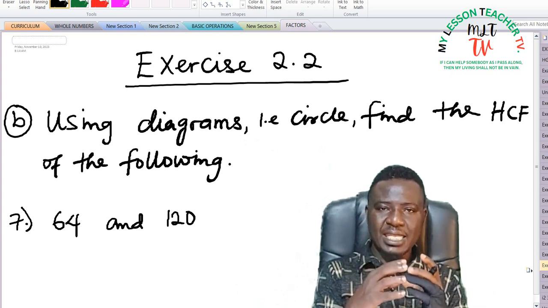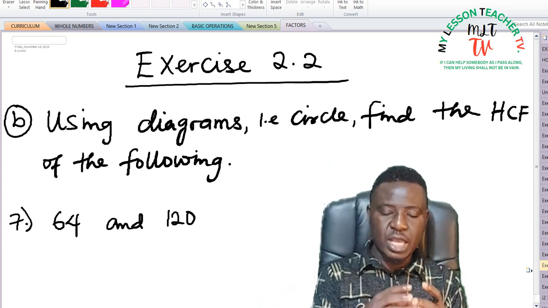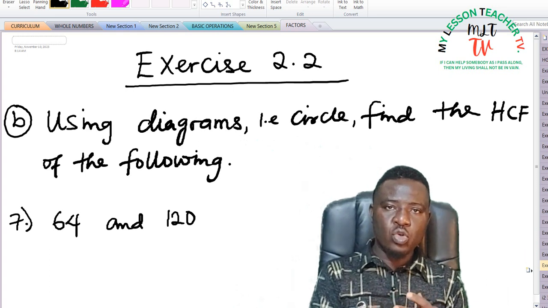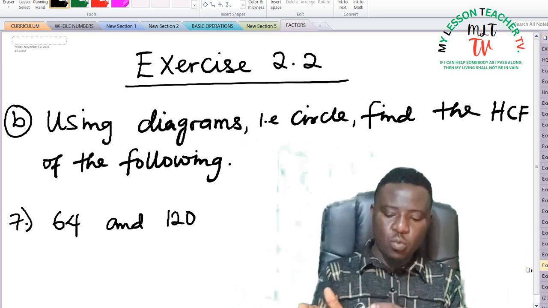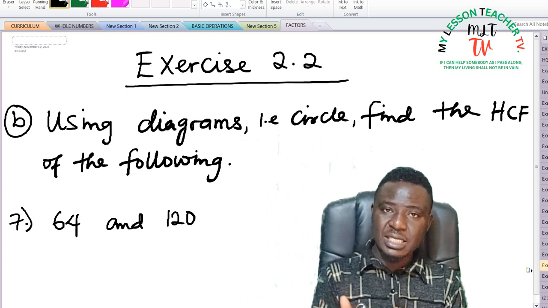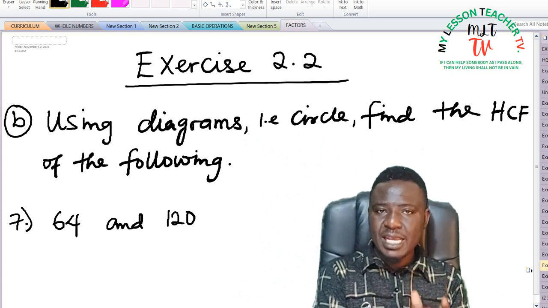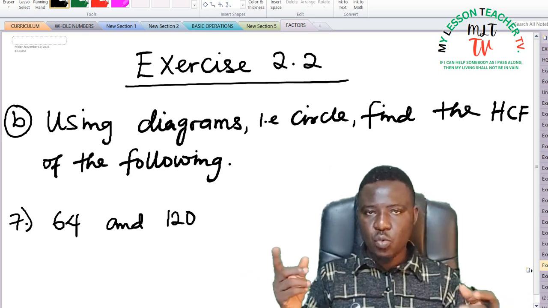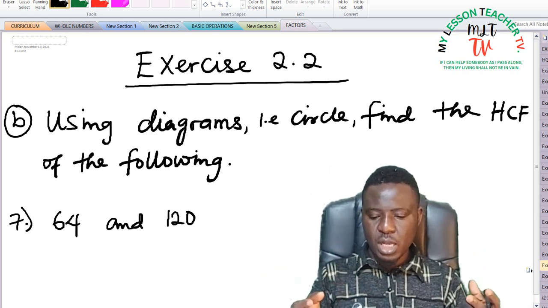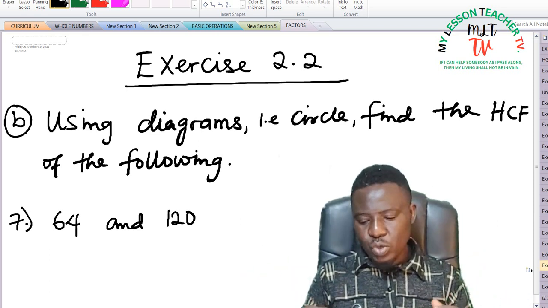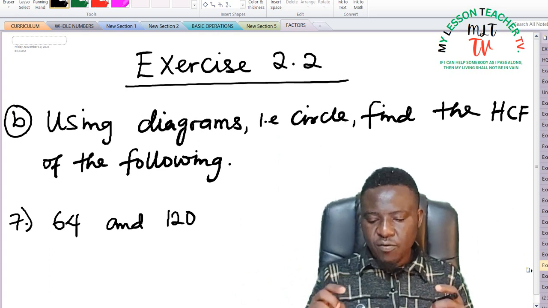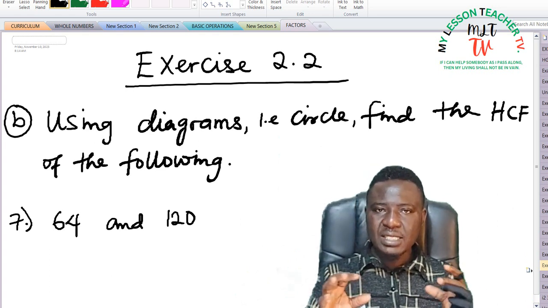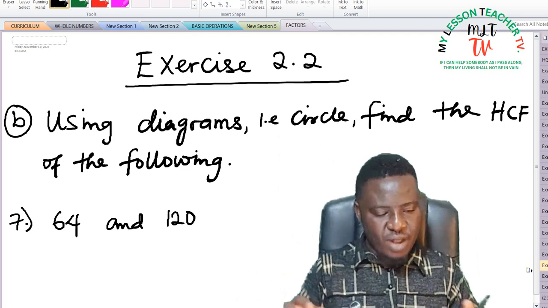There will be an intersection of these two circles where those that are common to both 120 and 64 will be in the intersection area, while others will be in region 1 and region 2, as the case may be. So we shall then express 64 and 120 as the product of their prime factors.